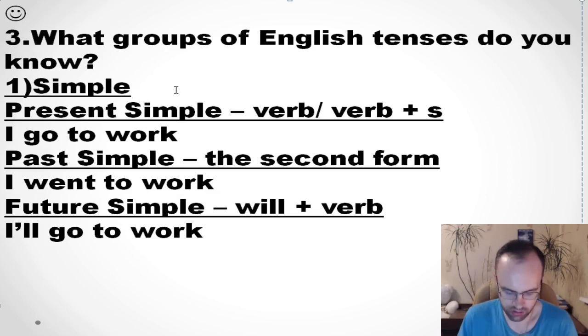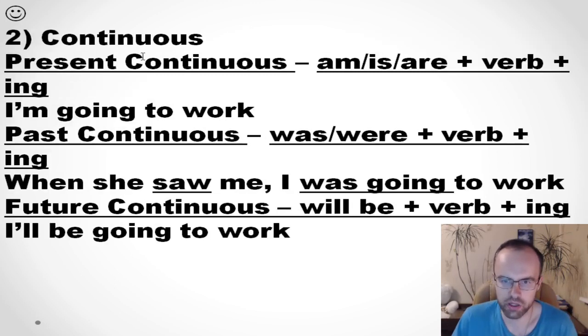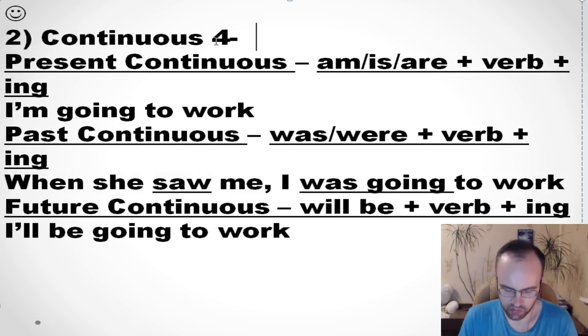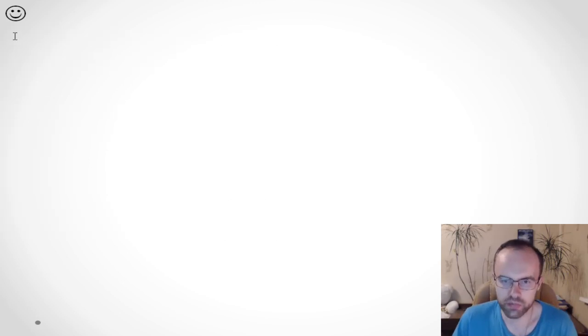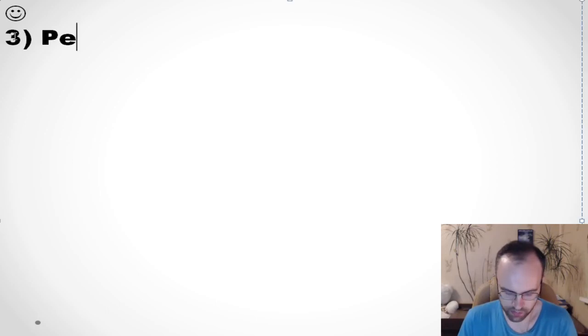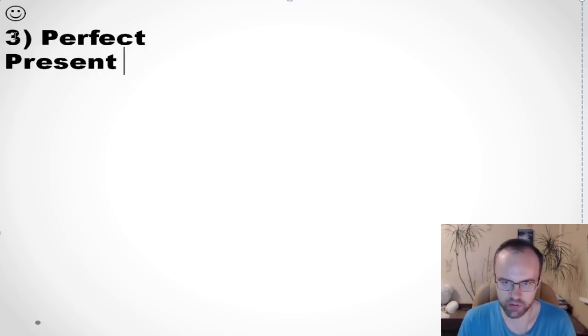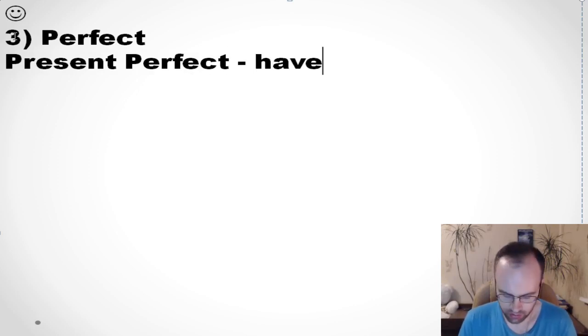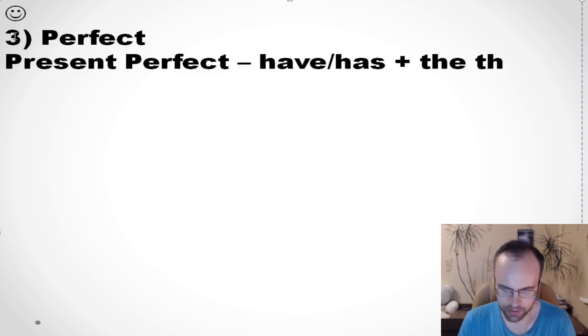So simple, we have these tenses from 1 to 3, continuous from 4 to 6. Okay, what else? Perfect. This group is also very important. It's of great importance. And you need to know present perfect, have or has, plus the third form.